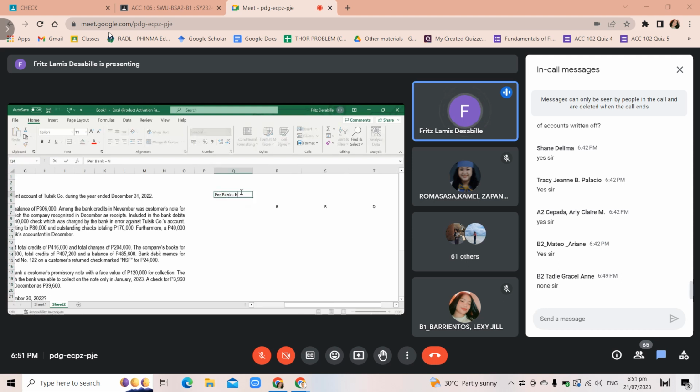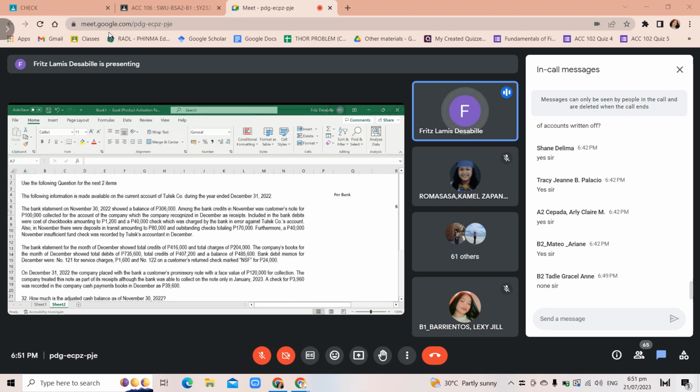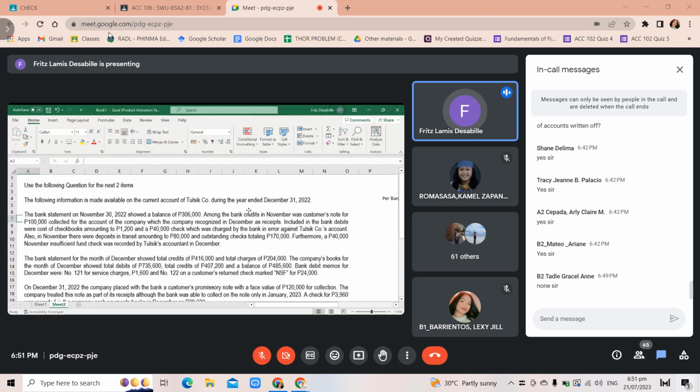Per bank, para makukita na to. So ang per bank na to, nag-show siya og balance nga 306. So unsa tawag ani nga 100,000? Among the bank credits in November was customer's note for 100,000. What is this one? This is, correct, no?